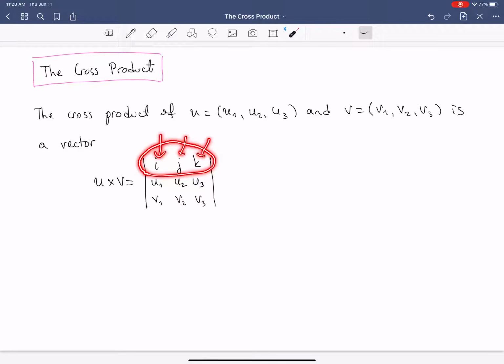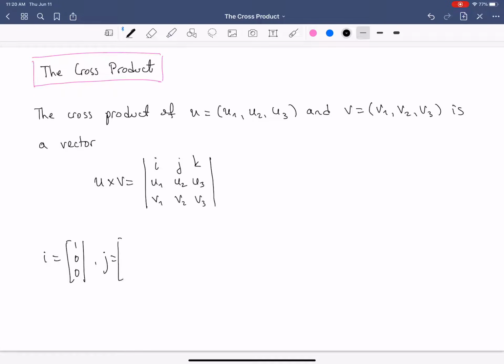Vector, vector, vector. So the vector i, also in calculus, sometimes it's written with a hat. The vector i is just 1, 0, 0. The vector j is 0, 1, 0. And the vector k is 0, 0, 1. So the three columns of the identity matrix.